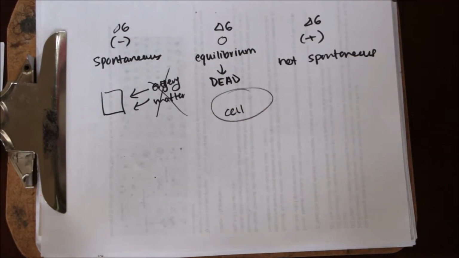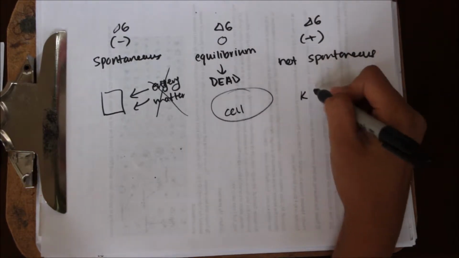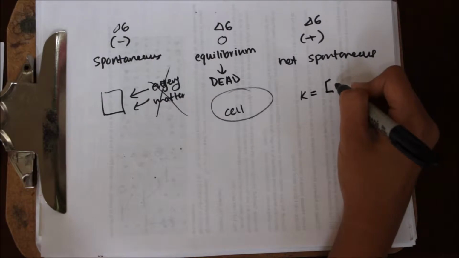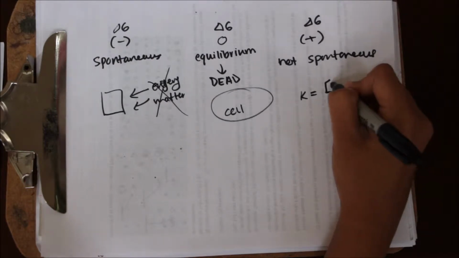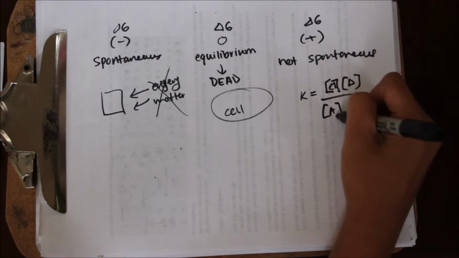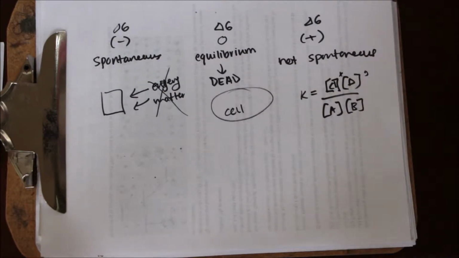So how do we keep a cell from reaching equilibrium? You know that the equilibrium constant is equal to the concentration of the products over the concentration of the reactants, with exponents on them.